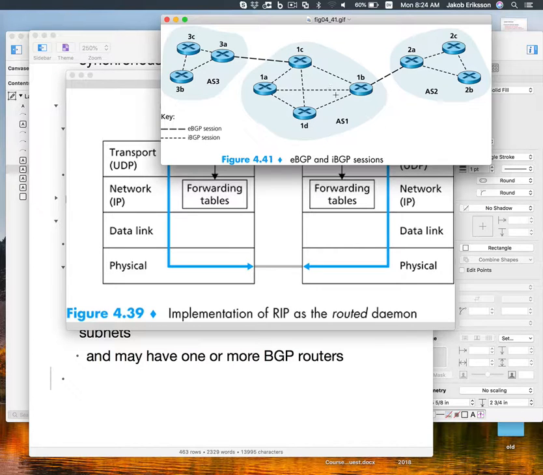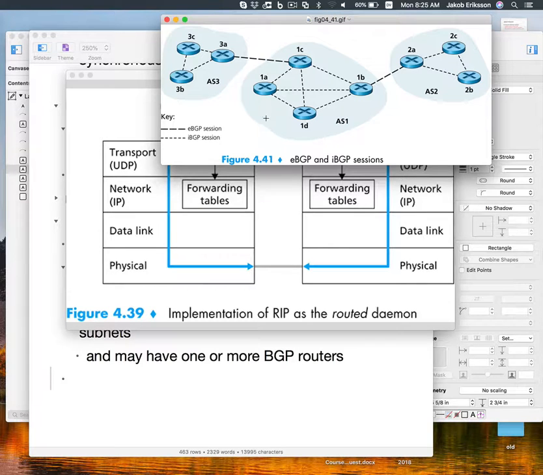Again, using whatever network or routing protocol is available within AS1. And this is not revealed to anyone else outside of the network. They don't need to know even how we're doing our communication on the inside. And then 1C may or may not forward routing updates from 2A, or from AS2, I should say, to AS3.